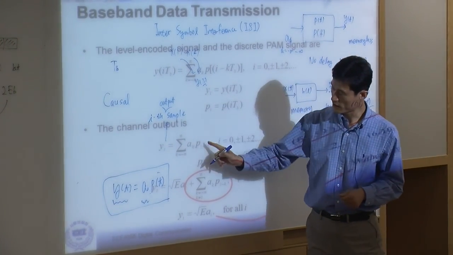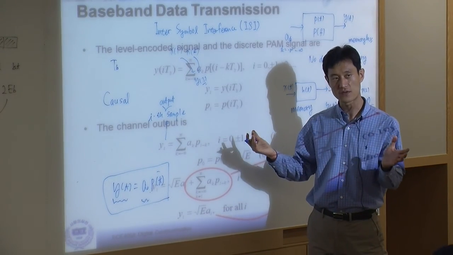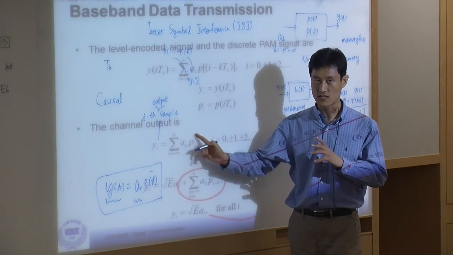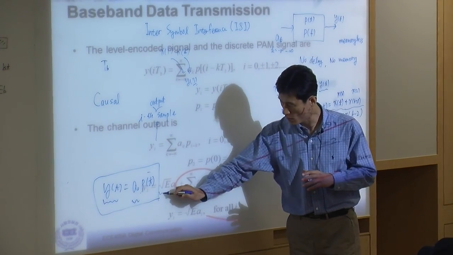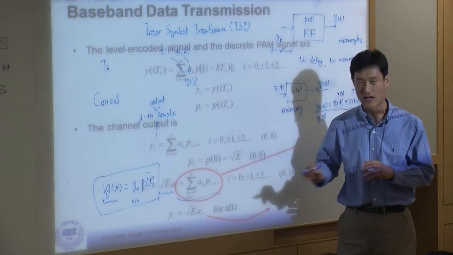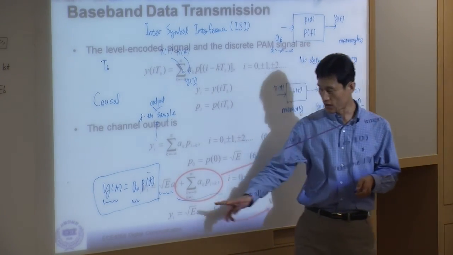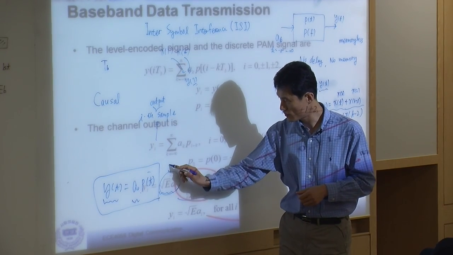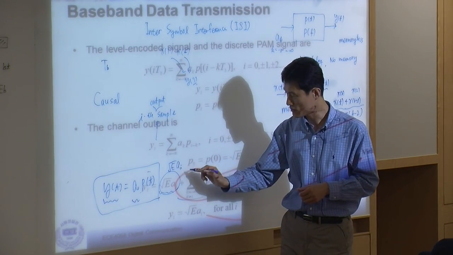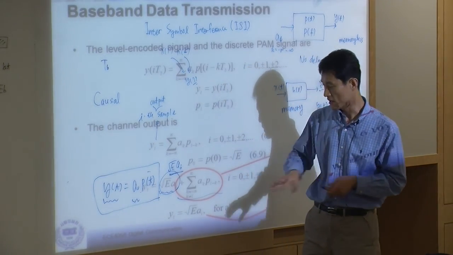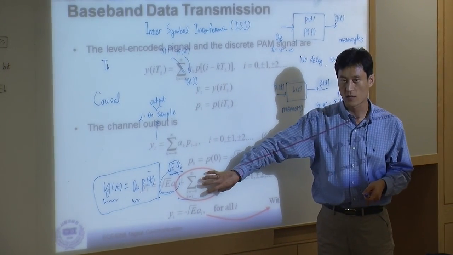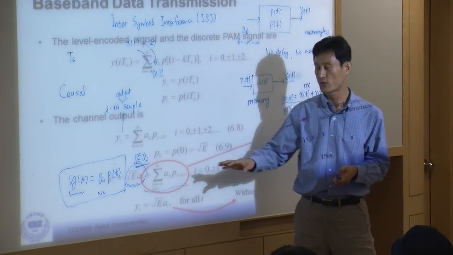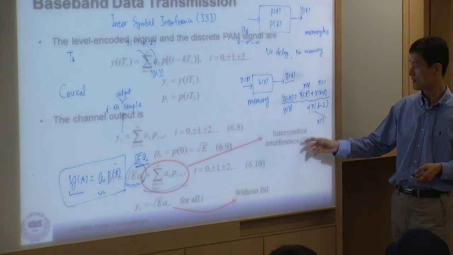But this convolution is a summation of so many different terms, an infinite number of terms. What I want to do is separate this summation into one term plus many other terms. The first one is the same ith component, root E times A_i. All the other remaining terms are a summation of all the other things, and those red terms will create ISI.